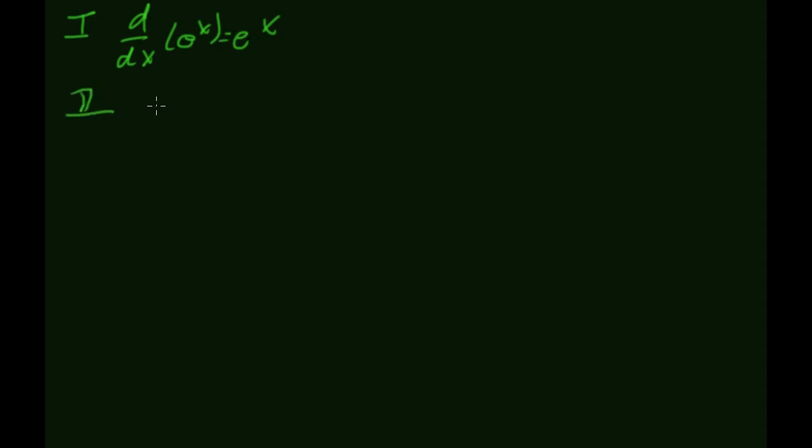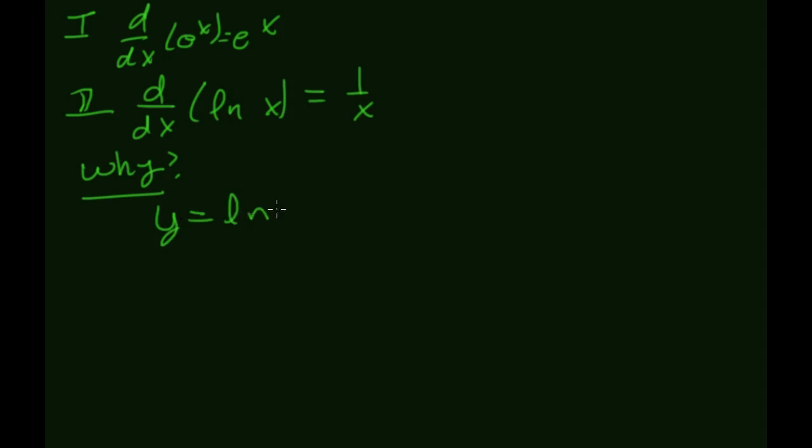Number 2: what do I get if I take the derivative with respect to x of the natural log of x? This seems like it should be equally complicated to prove. The answer here is that this is 1 over x. How did that happen? Let y equal the natural log of x. Then this implies that x is e to the y. These two statements are interchangeable.